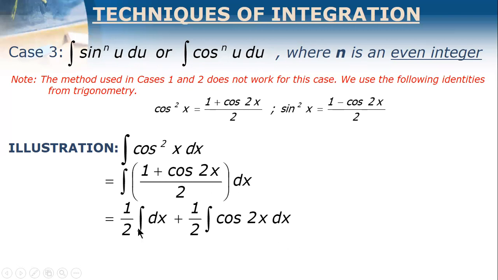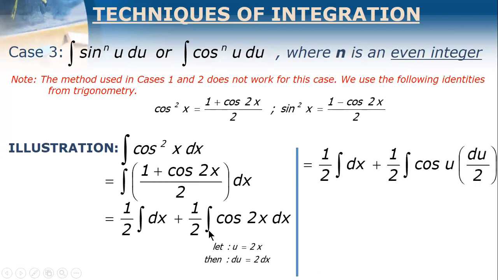This is very basic, and this is also a basic integral. Just let u equal to 2x, du equal to 2 dx. By changing the variable, we have 1 half integral of dx plus 1 half, where 2x is u, cosine u, while dx is du over 2.